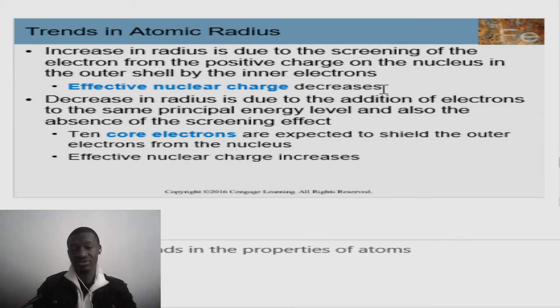Ask yourself, why is the nucleus having a charge? Because it has a proton. The neutron doesn't have a charge. So the charge is generated from the proton, and hence that charge is what results in the stability and integrity of the atom.